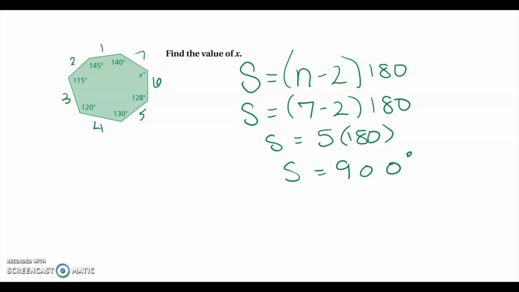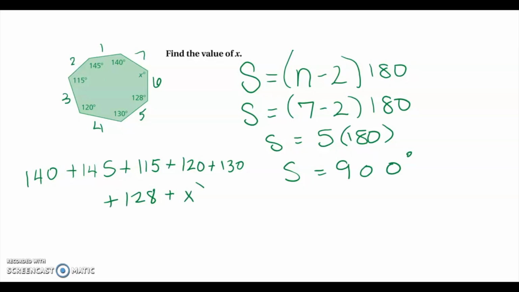To find our missing angle x, we need to add up all of the angles that we know: 140 plus 145 plus 115 plus 120 plus 130, I'm running out of space here, plus 128 plus x. All of those angles would be equal to 900.